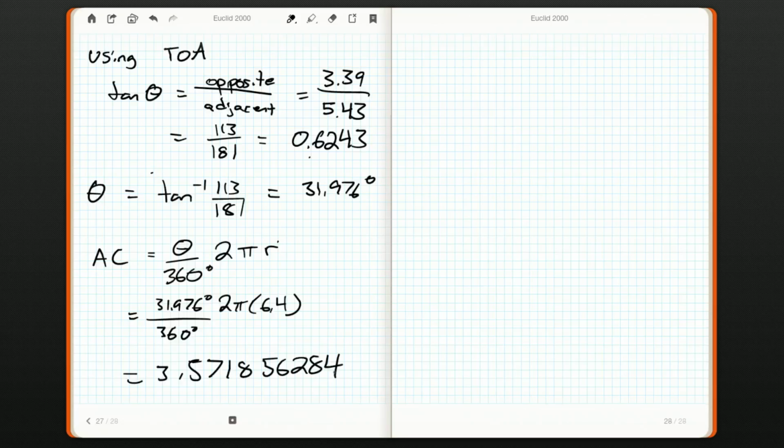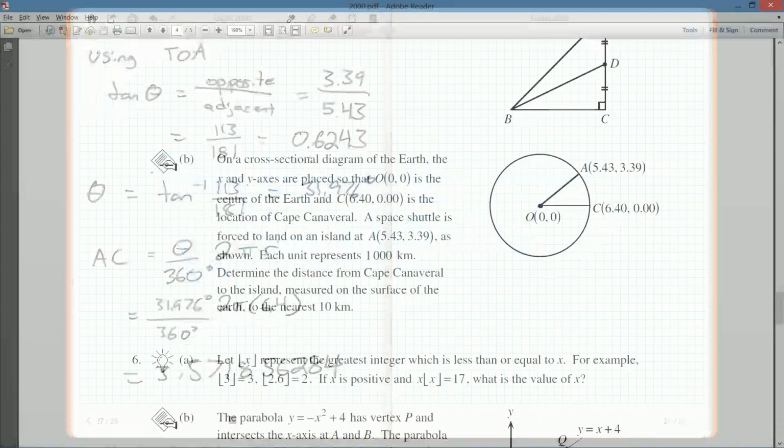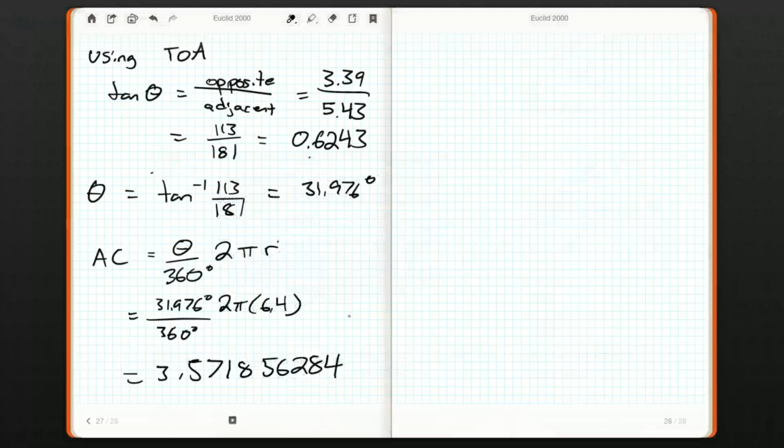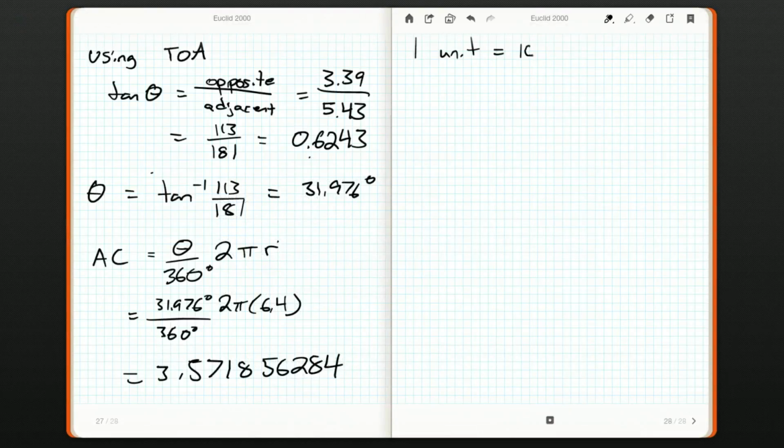So that's the distance, but we have to reread the question because each unit represents 1,000 kilometers, and we want the distance to the nearest 10 kilometers. One unit equals 1,000 kilometers.